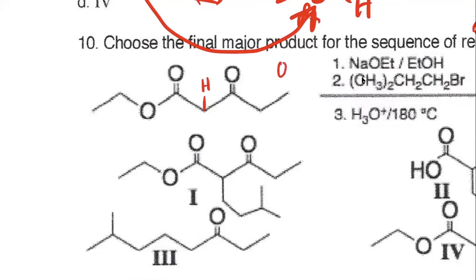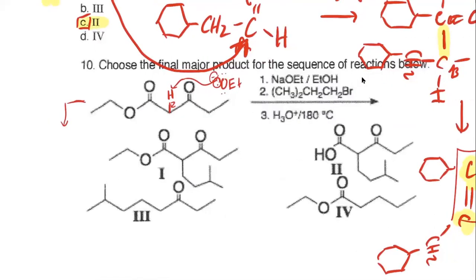Alrighty. But these, they can get really tricky. So honestly, I recommend drawing this stuff out. I mean, of course, if you practice it and you get really good at it, you don't have to.